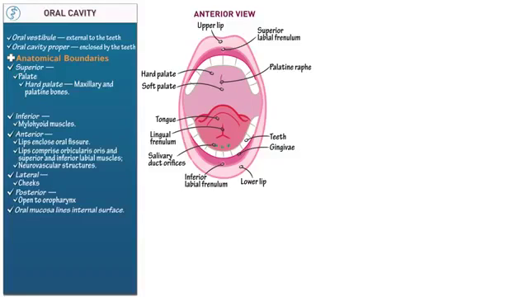You can feel this ridge along the roof of your mouth with your tongue. Then show the transverse palatine folds, also known as palatine rugae, which are ridges of connective tissue that provide friction to facilitate bolus formation. Denote that the soft palate comprises the palatine aponeurosis, which attaches anteriorly to the hard palate, and 4 sets of paired muscles.